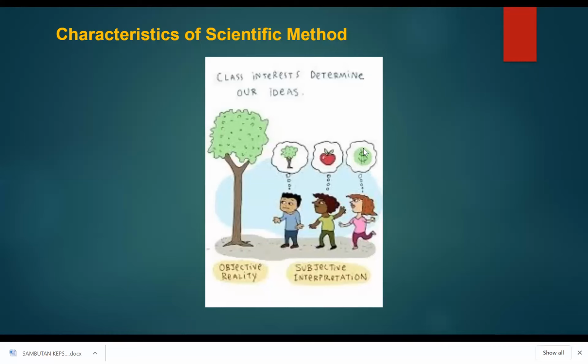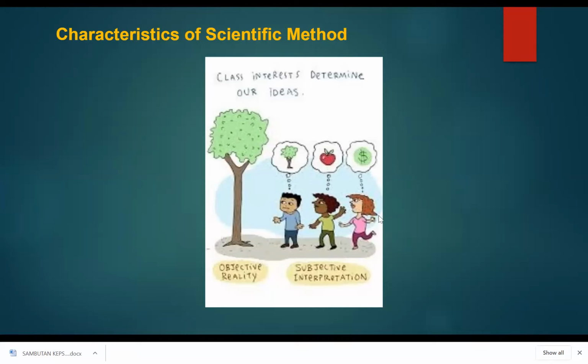Yeah, she's thinking about the money. She's thinking about the money because she thinks that this tree can give fruit, and the fruit can be sold, and then it can make money. Yes. In some circumstances, what the middle child and the right child think may be true, but they are not objective.